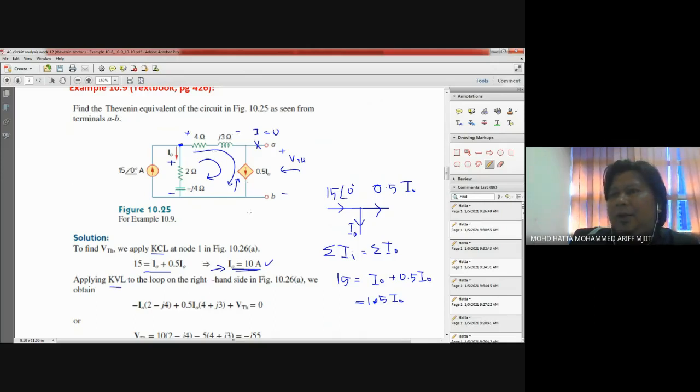Let's say I put it as V1, this is V2, and of course this is VTH. Basically, what's going on over here, we have voltage across this element, and also we have another open circuit terminal over here.